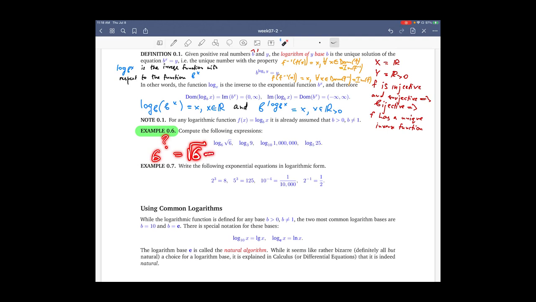Well, because square root of 6 is 6 to the power 1/2, we clearly see that 6 needs to be raised to the power 1/2. And so log of square root 6 base 6 is simply 1/2.